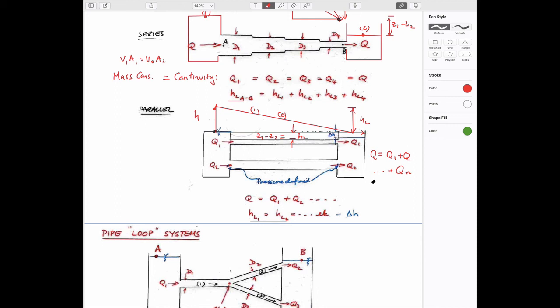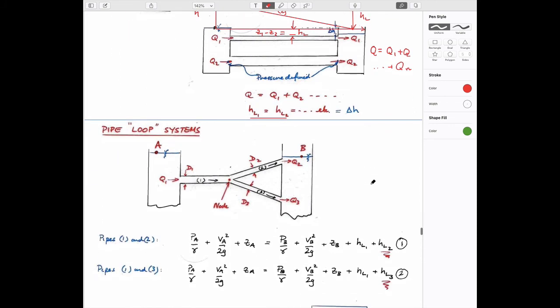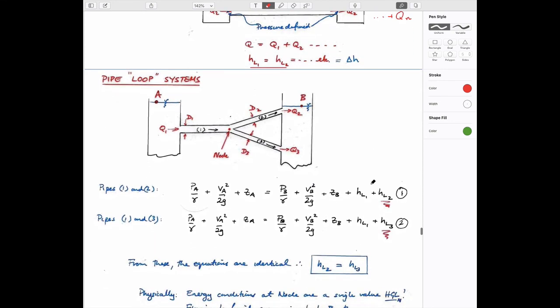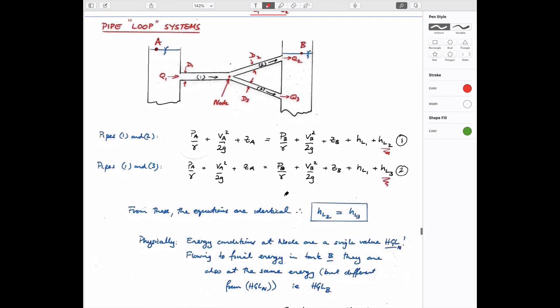If we then look at the umbilical flyboards or whatever, the things we just looked at on screen, then the new behavior that we have for branch networks, in other words, a network that starts out as a single pipe but then branches into 2, we can rationalize again by drawing the flow paths through these 2 pipes separately, starting at A and ending up at B for one network, and then starting at A and ending up at B for the second network, just as we usually do with Bernoulli.